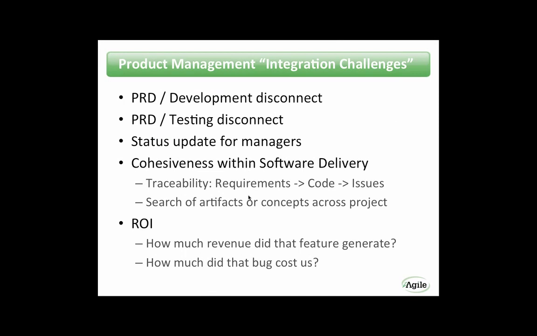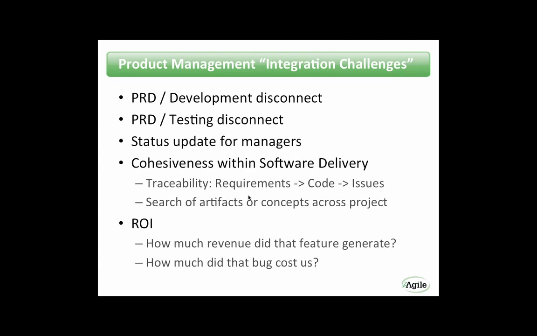Likewise, between the specification and testing, that's another opportunity for disconnect in terms of communication and follow-up. And also with respect to managers, whether you're head of product management or head of QA or head of engineering, having a consistent update and status report that everyone agrees upon is tricky. And likewise, having cohesiveness in general amongst this whole software delivery process is quite challenging.